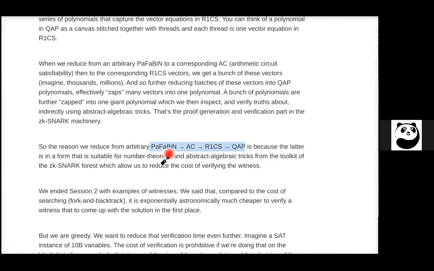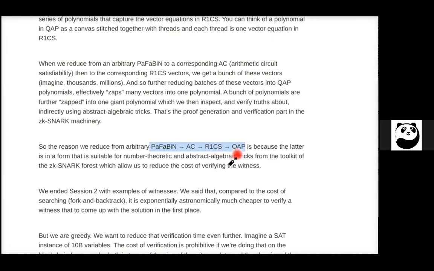We reduce any problem in that class to another problem called arithmetic circuits, which is the same thing as SAT circuits, except that we use multiplication and addition instead of AND and OR. We reduce that even further to a system of vectors that are multiplied through. And then we do one more reduction of these vectors.